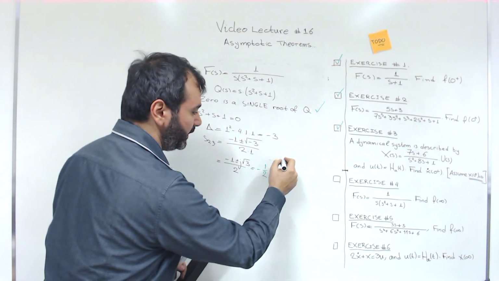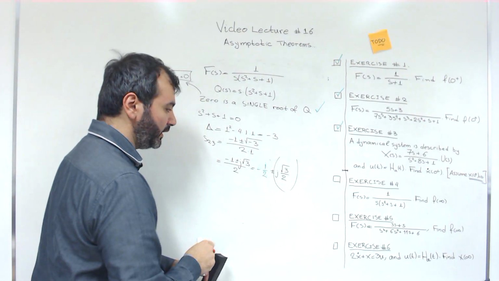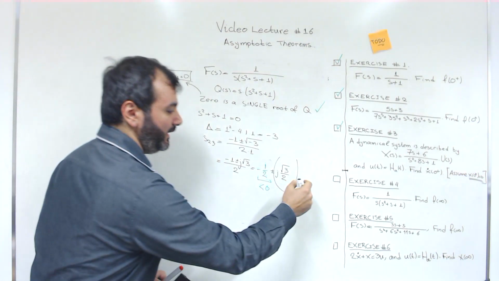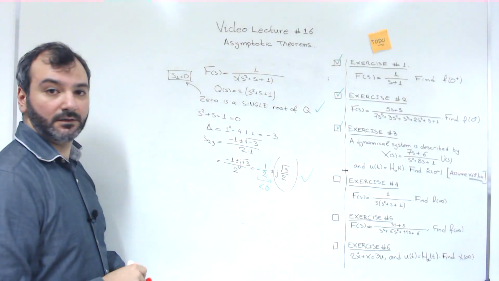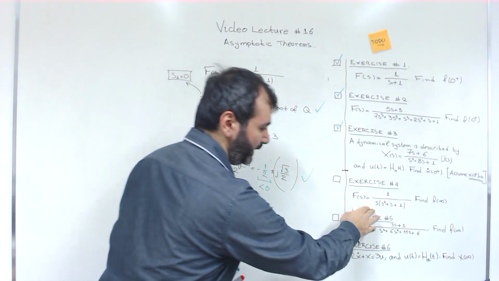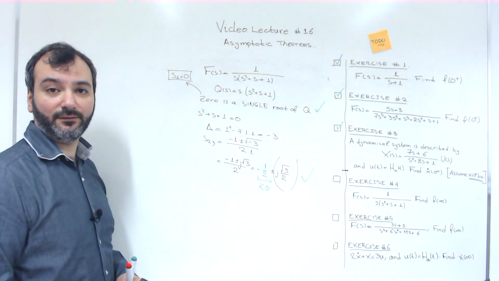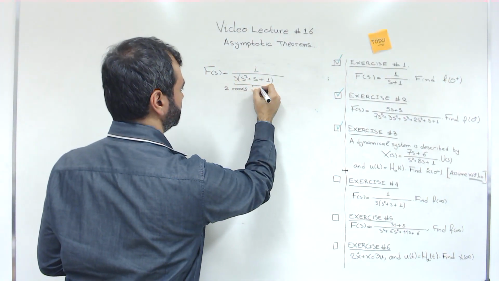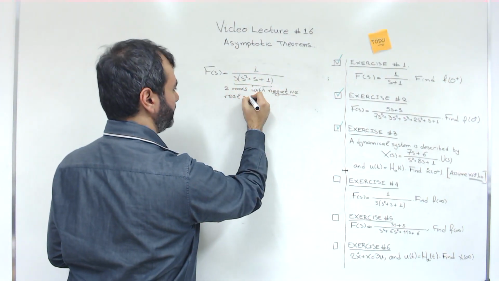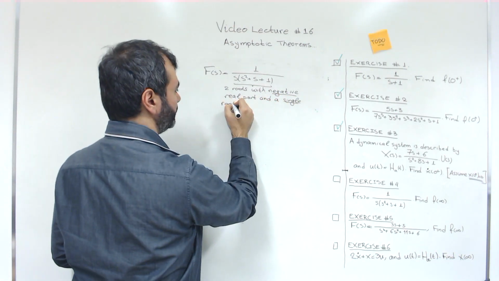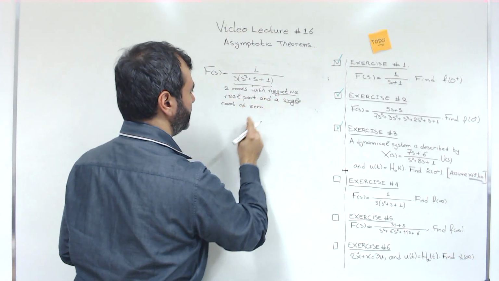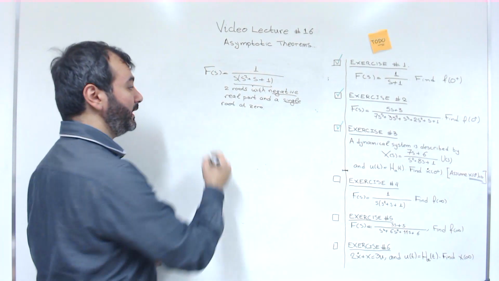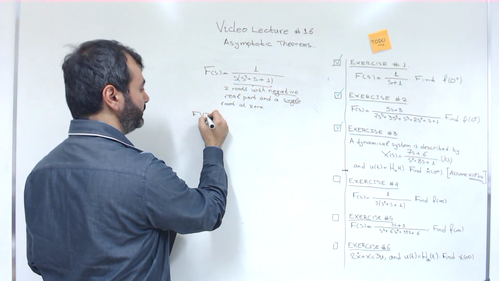We don't care about the imaginary part. We care only about the real part. The real part is negative and this is allowed. So we're fine. We're good. We can apply here the final value theorem. Two roots with a negative real part, one root at 0, we can apply the final value theorem.